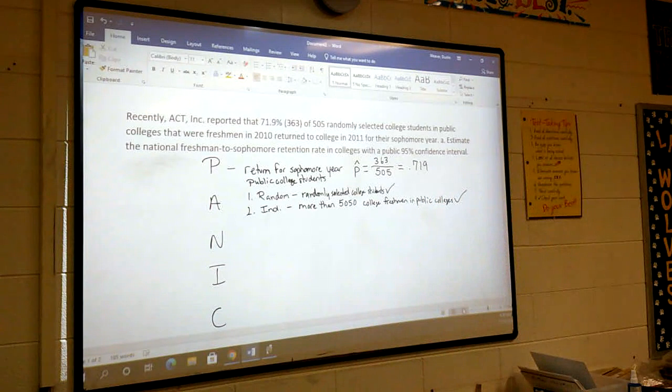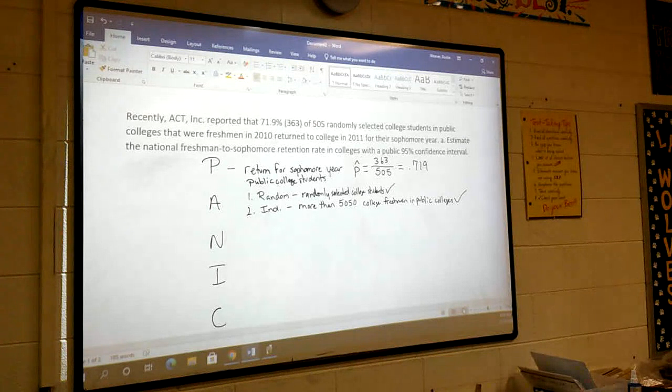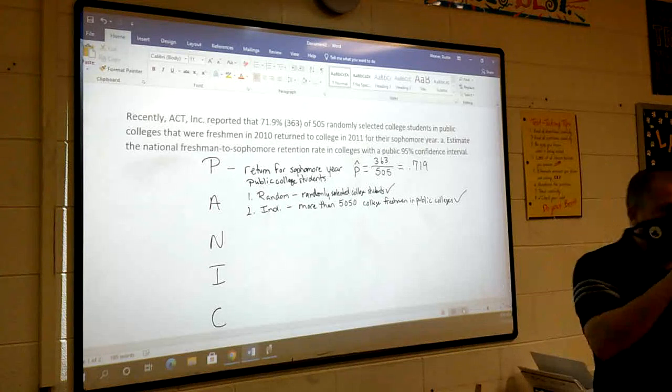Because that's 10 times the size of my sample. Remember, the sample has to be 10% or less of the population. So the population has to be at least 10 times the size of my sample for it to be independent. Now, do I know exactly how many there are? No. But I know that's a common fact. We know there's more than that many. We don't have to know the exact number, we just know that it's a big number.